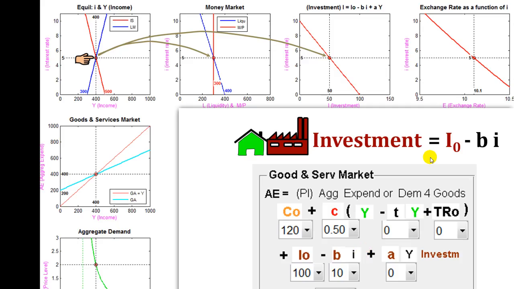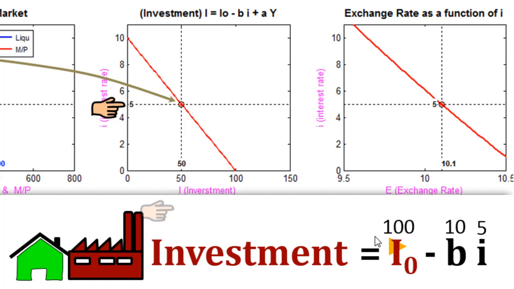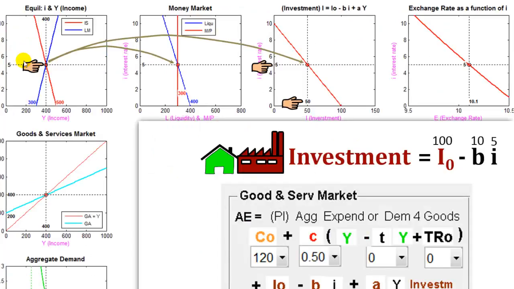So if we plug in I0, which is 100, and b, which is 10, then for the interest rate in equilibrium, that is 5, we have 100 minus 50, which is 50. So we know the level of investment for the equilibrium in both markets.